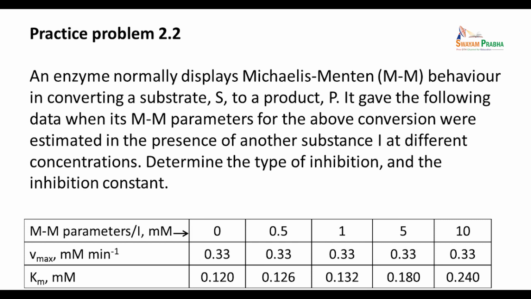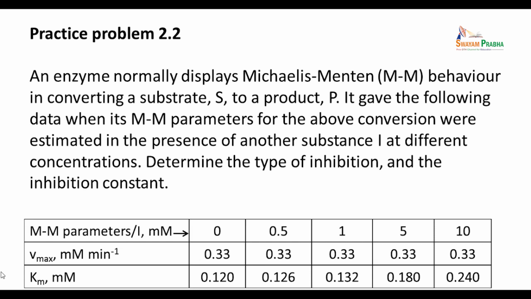Having said that, let us look at practice problem 2.2. An enzyme normally displays Michaelis-Menten behavior in converting a substrate S to a product P. It gave the following data when its parameters for the above conversion were estimated in the presence of another substance I at different concentrations. Determine the type of inhibition and the inhibition constant.